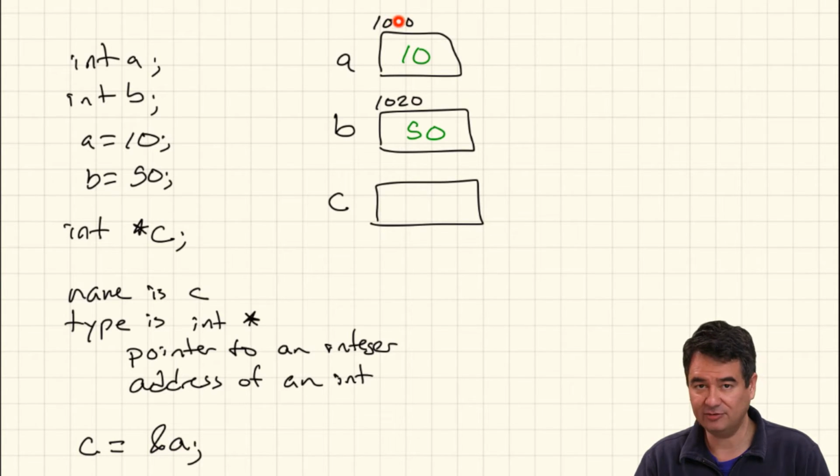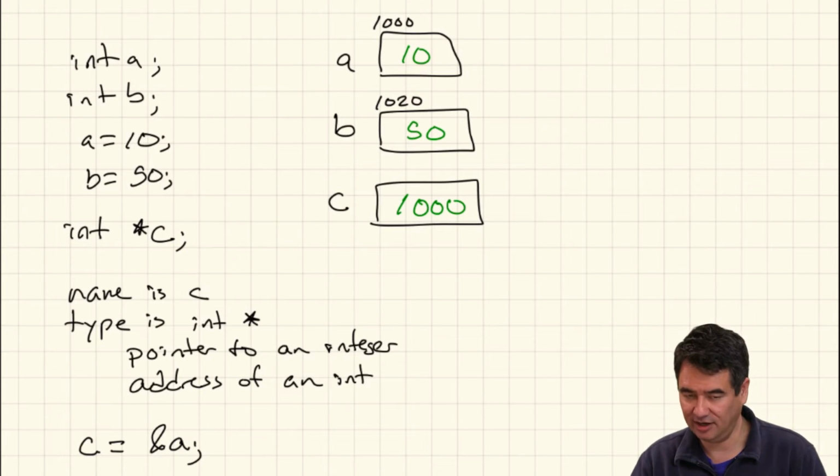It's going to be the address of the box. So the address of A is 1,000, and that's the number we're going to put into C. So we put in here 1,000. That's a memory location, not an integer.